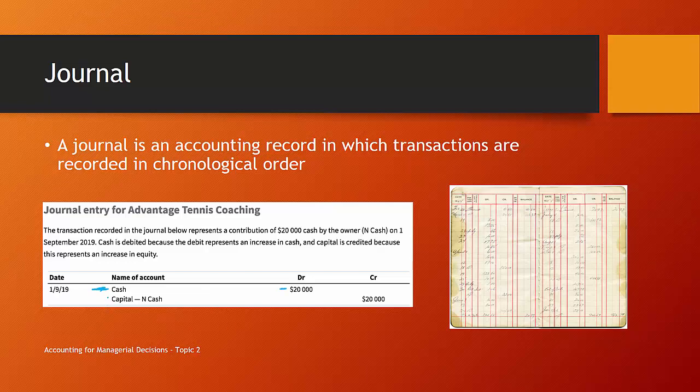We also know we have capital, and capital is on the right-hand side, and capital increases with a credit. And so we have the debits in the transaction equaling the credits in the transaction. Life is good still. Again, that's all we'll do in terms of showing journal entries in this particular video. But as I mentioned, there will be another fuller video that goes through a worked example in more detail.